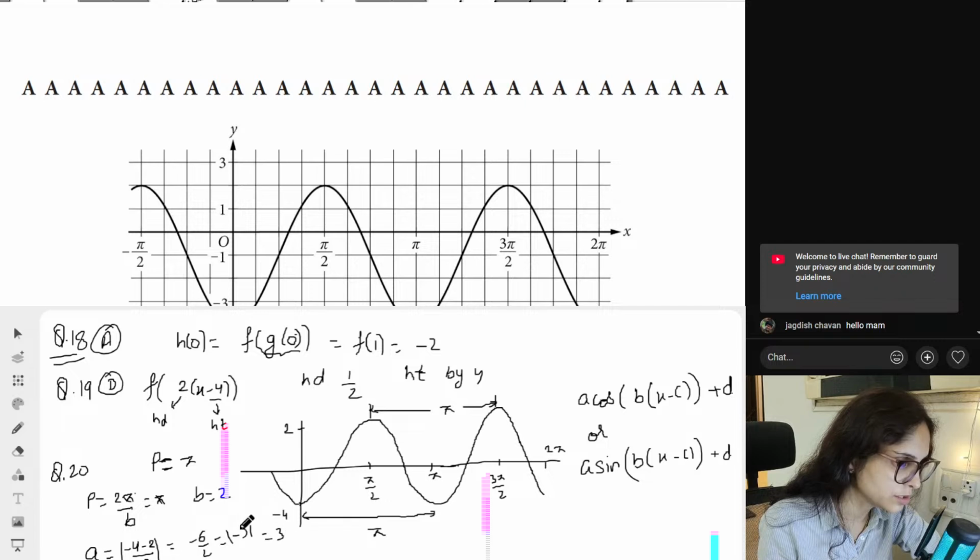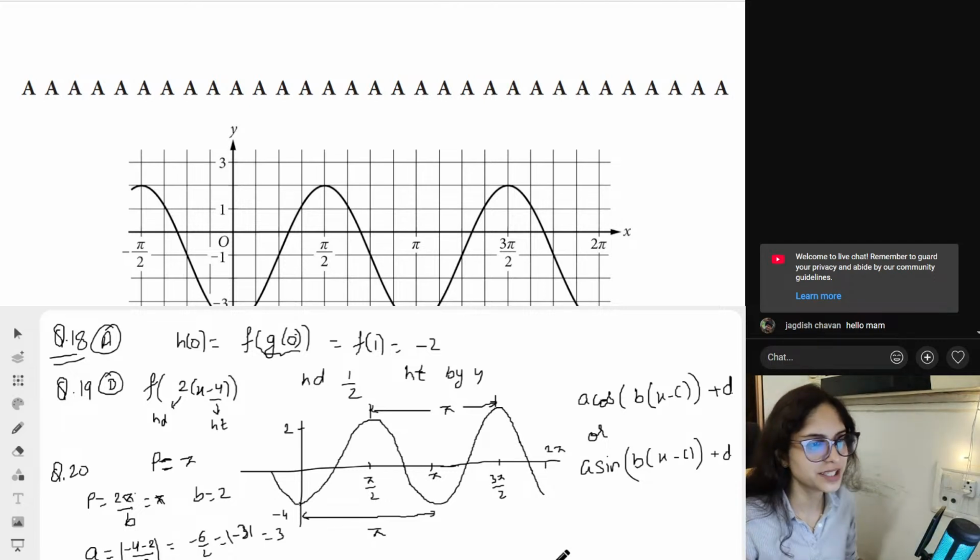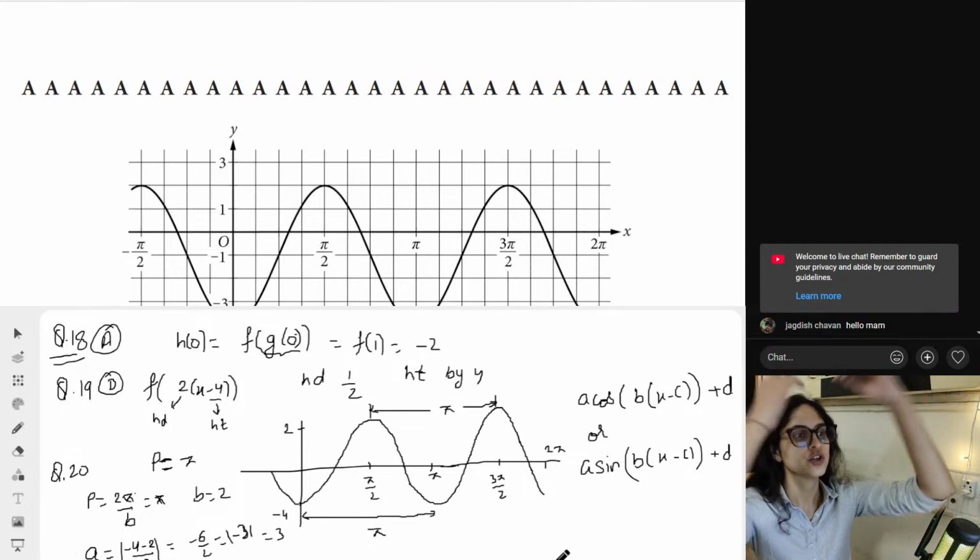That is why amplitude is 3. And midline, that is D, would be -4 plus 2 over 2, that is -1. So the only thing that is remaining is we have to identify whether it is cosine or sine and what the phase shift is.